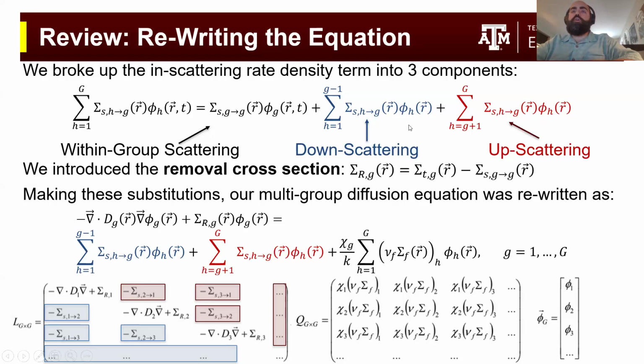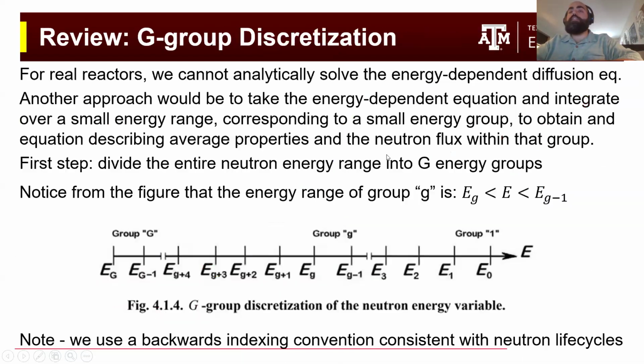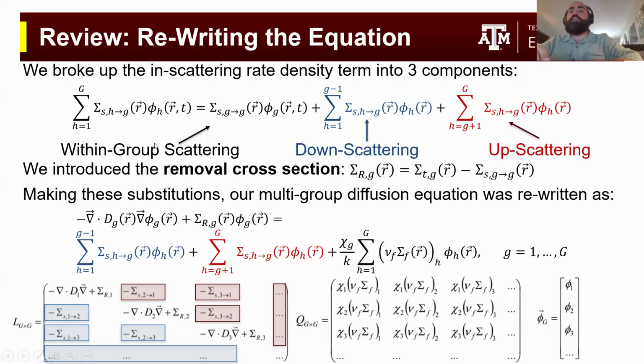Basically, if you go back, this in-scattering integral gets replaced by this summation. And then this summation has three terms: within group scattering, downscattering, and upscattering.